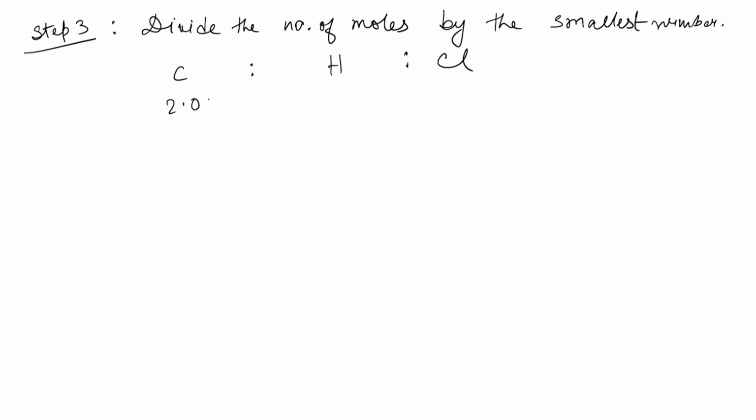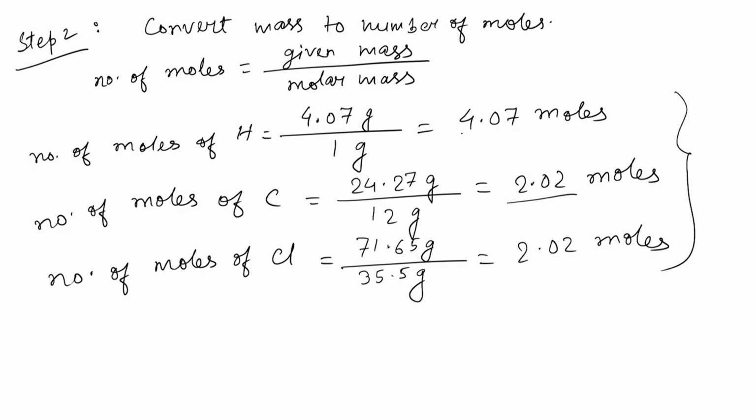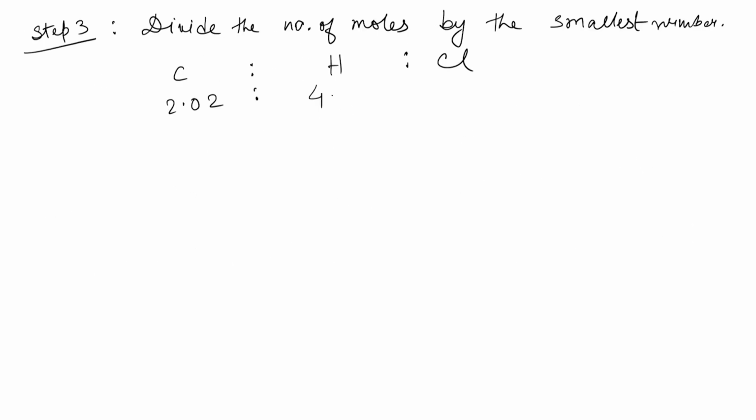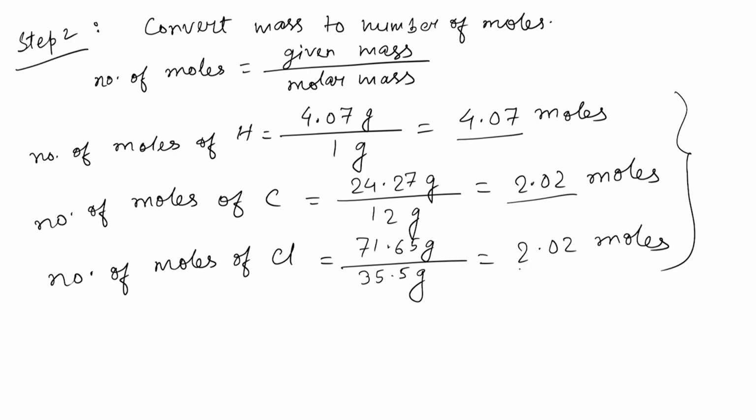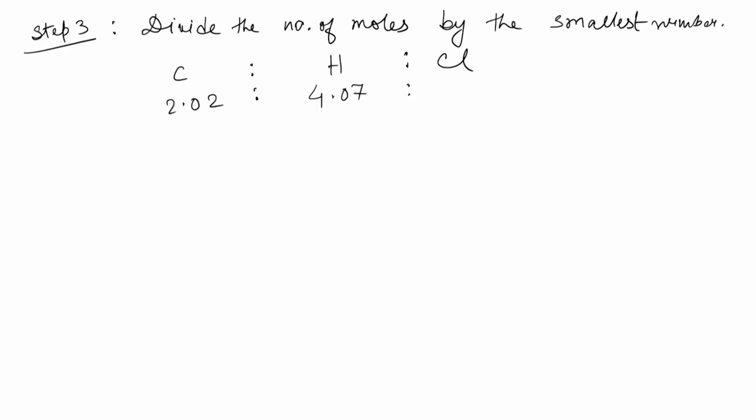So, 2.02 is to moles of hydrogen, 4.07, is to moles of chlorine, 2.02. Now, we will divide the number of moles by the smallest number.